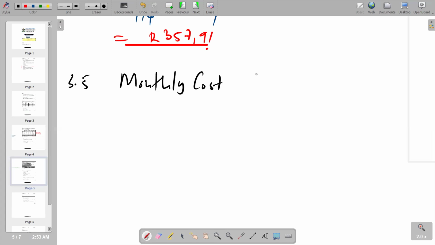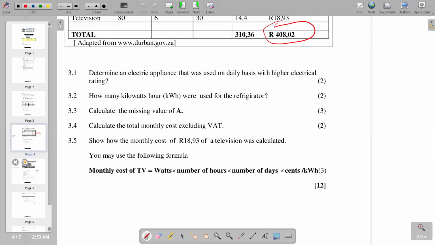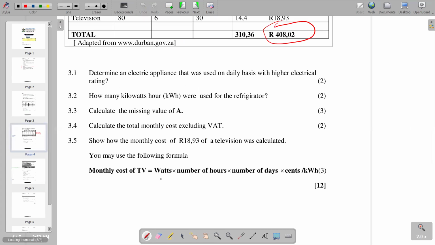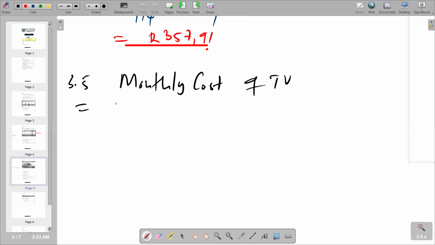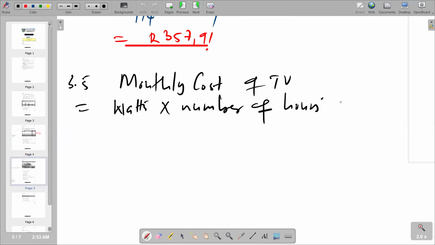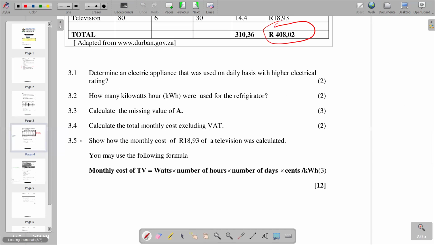This is our monthly cost of TV, and we're given it as watts times number of hours times number of days, and then we multiply it by cents per kilowatt hour.